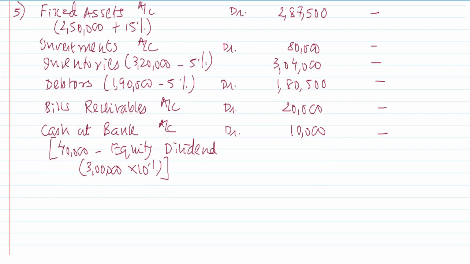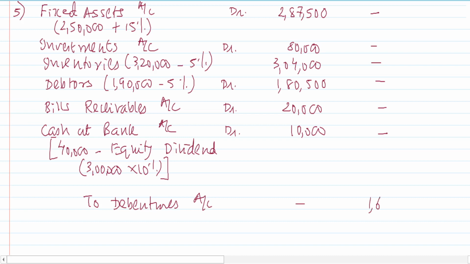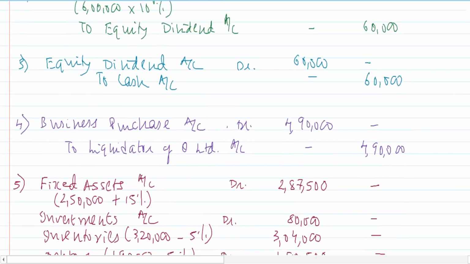Incorporate the liabilities now. So just leave one line for the balancing, and then we say to debentures account. We are taking over the debentures. Remember, the debentures will be recorded at their agreed value. Agreed value, debentures, 1,62,000 from your working.